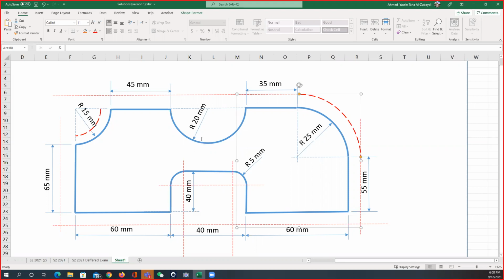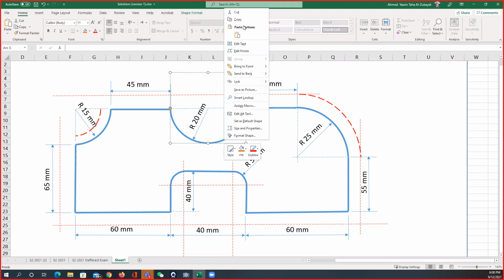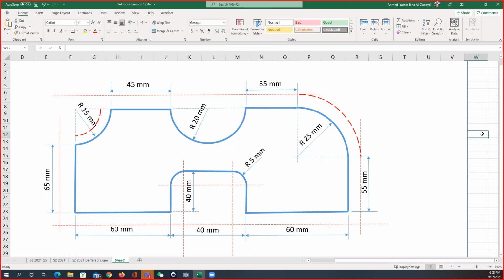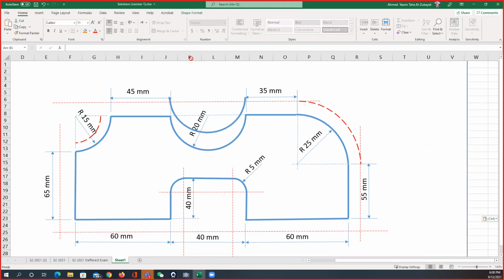Now we're going to do the same thing for this circle. I'm going to copy this one and change its properties. Okay, and once again, just take a look. If I'm going to make the inside circle, I need to make it smaller.